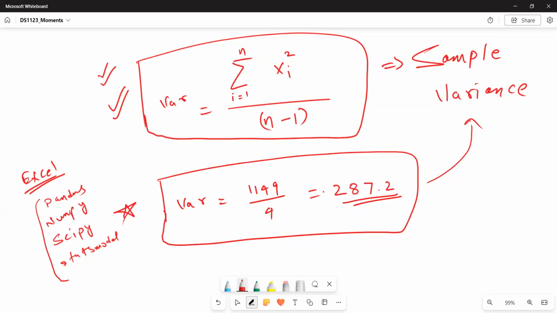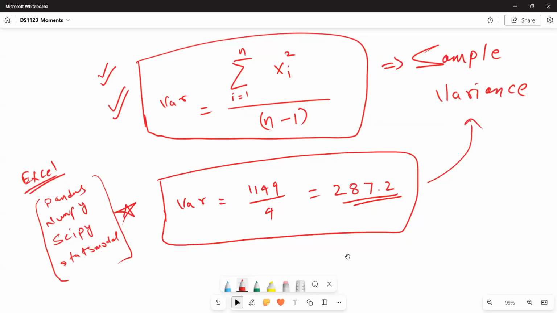So every time you are calculating variance, you'll be considering your data as a sample, not as a population. All right. So this is how these two are different from each other.